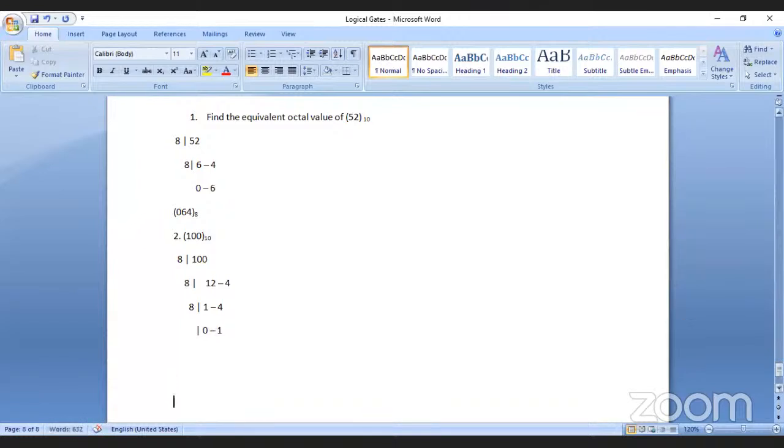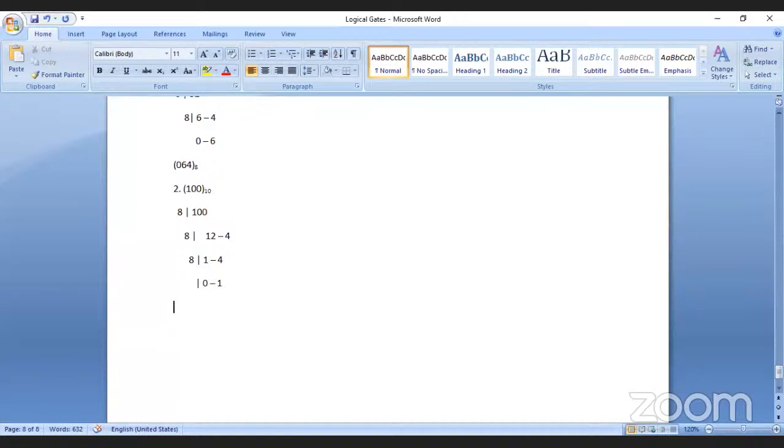I have to take from down to up: 0 1 4 4, to the base 8. This is the way to convert a given decimal number to an octal number.